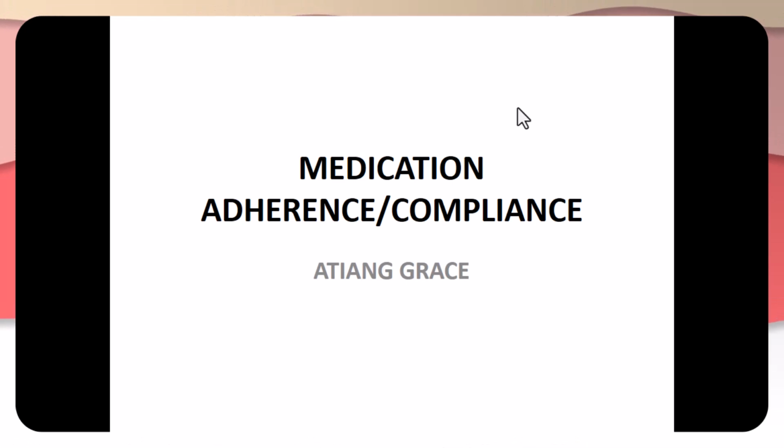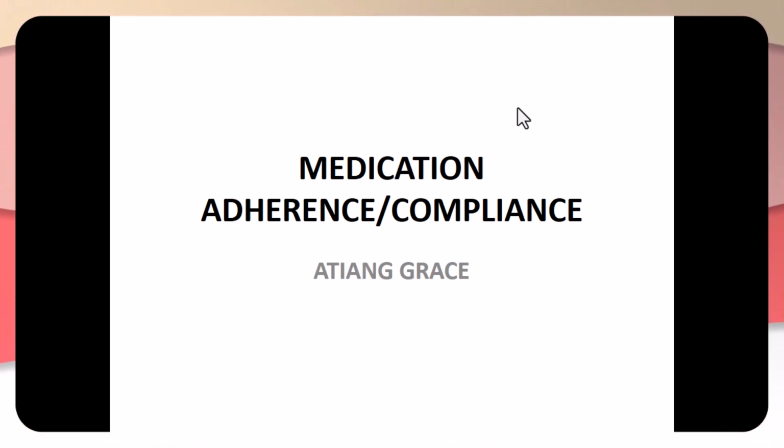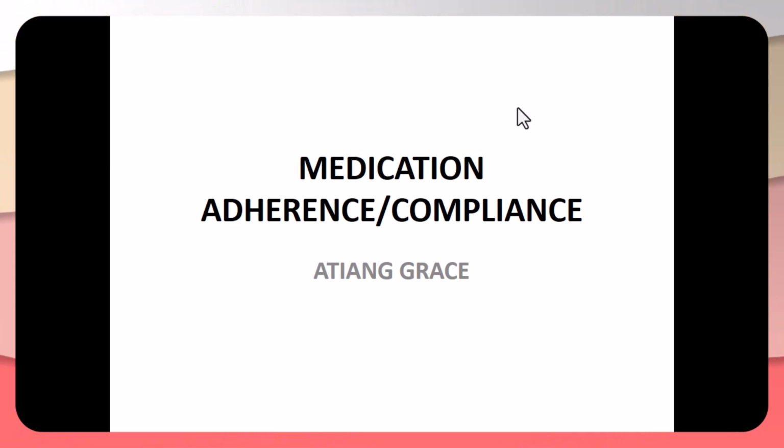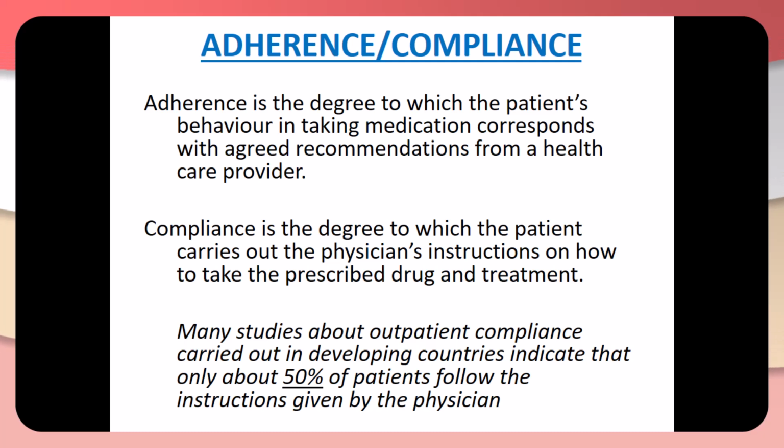If they have come with a prescription, after you have given them the medication, are they able to comply with the treatment plan indicated on the prescription? Are they able to adhere to the treatment plan? That becomes adherence. So you need to give advice to your patient clearly for them to be in a position to adhere.